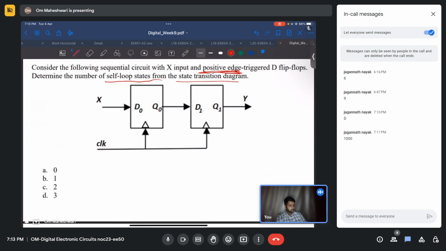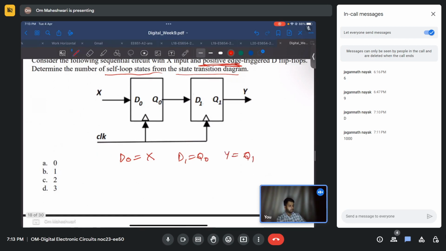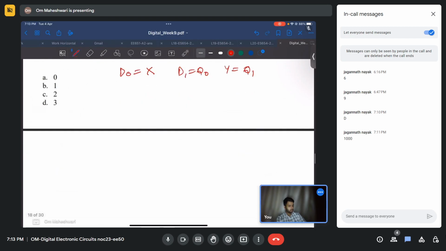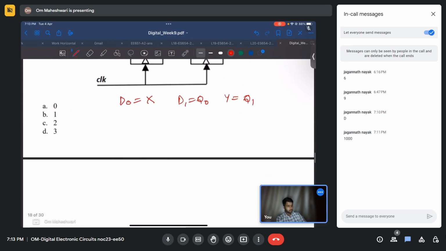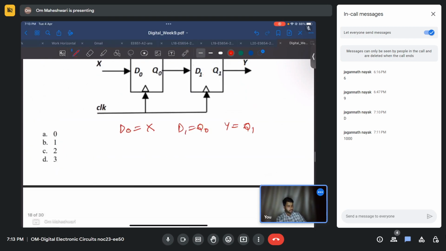Okay. So here first it's the same procedure. D0 is X, D1 is Q0, Y is Q1. So let us start counting.